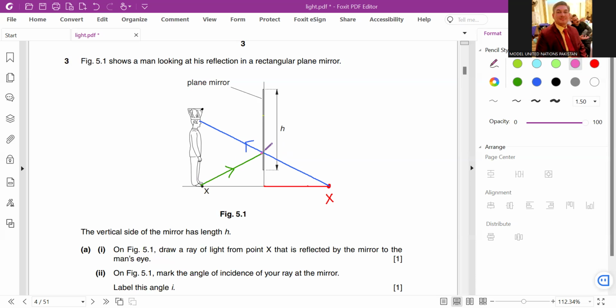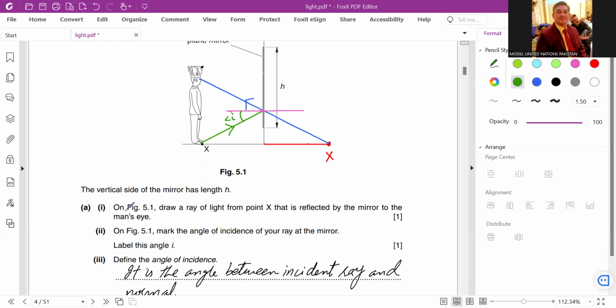This is the point of incidence, and I draw a normal here. After drawing this, I label this angle i. So we have located the image of the foot that the person is able to see.